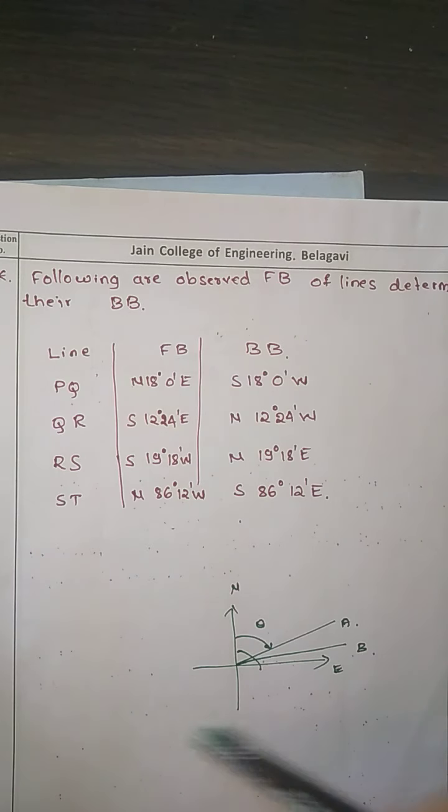That's it. This is how you find out the back bearing if the fore bearing is given. One thing you need to keep in mind: the back bearing is equal to the fore bearing plus or minus 180 degrees. The difference between the fore bearing and the back bearing is always 180 degrees.